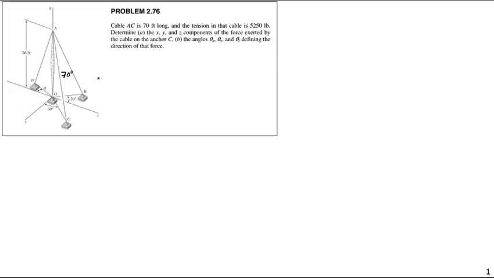So instead, I'm going to use the method we looked at yesterday of the 2 triangles, breaking this down into 2 triangles. So first, I'm going to draw a triangle ACO.